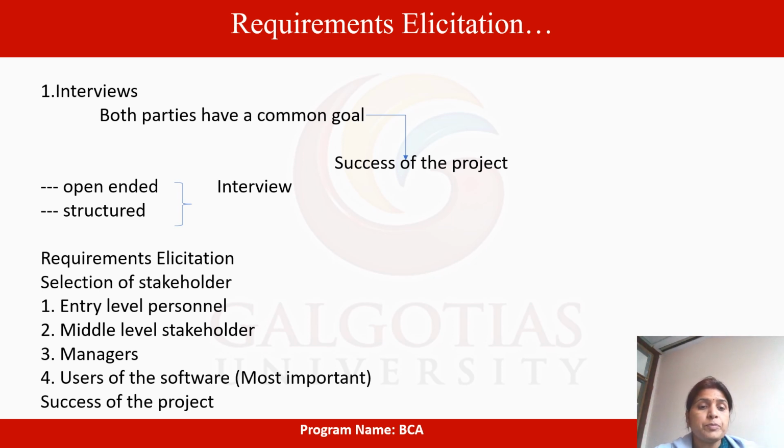So to whomever you are talking and taking an interview, you need to frame the questions according to their level: entry-level person, middle-level stakeholder, manager, and the user of the software, who is the most important, who will actually be using the software. Only then does the success of the project lie in your hands.